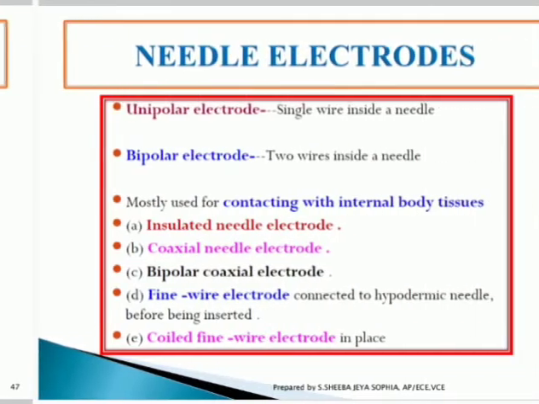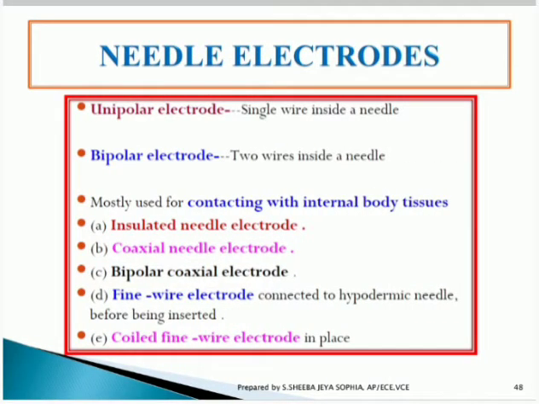Needle electrodes, as the name says, are in the form of needles. There are unipolar and bipolar types. Unipolar electrodes have a single wire inside a needle, and in bipolar electrodes, two wires are inside a needle. They are mostly used for contacting internal body tissues like nerves in the brain. If you are going to measure nerve activities, you can use this needle electrode.